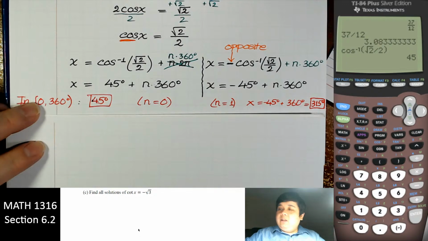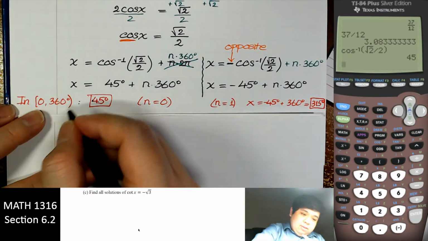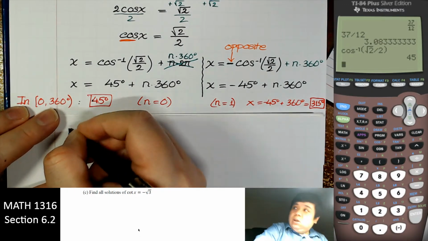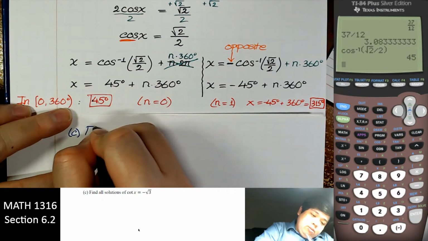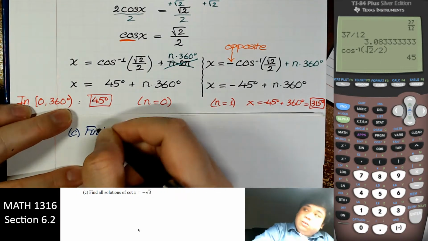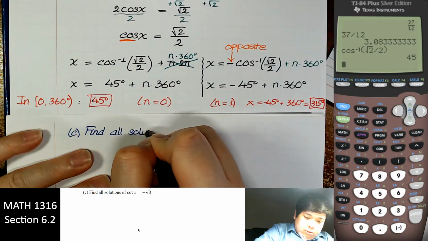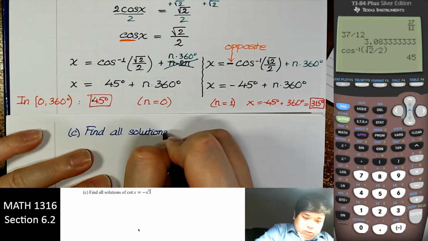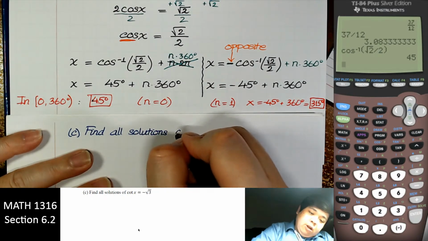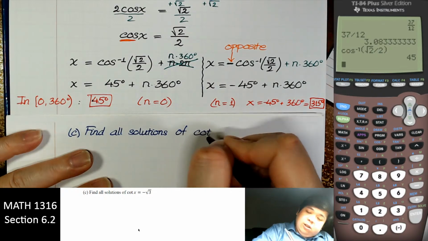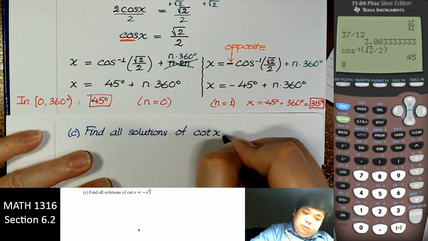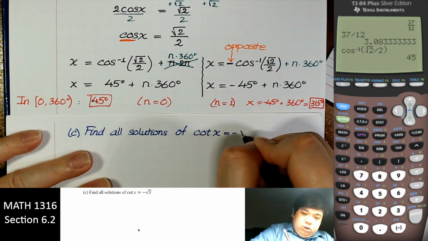Next, find all solutions of cotangent x equal to negative square root of 3.